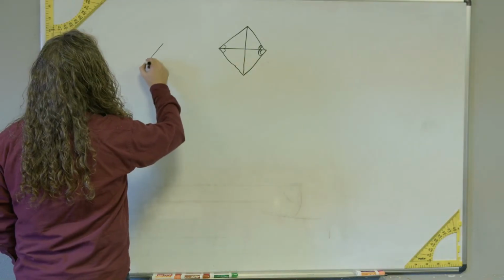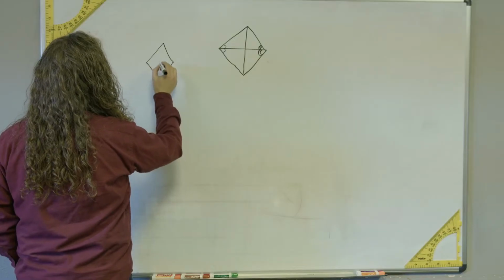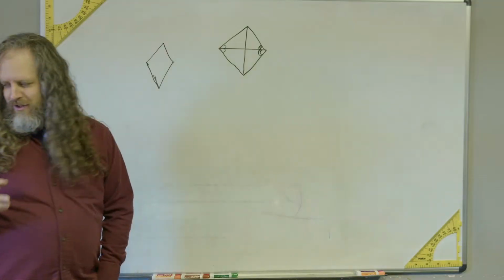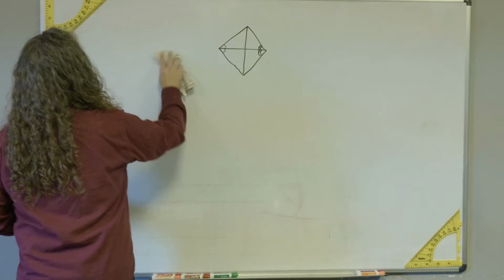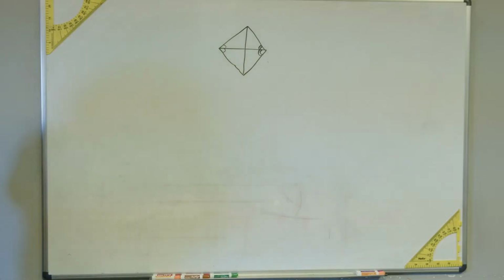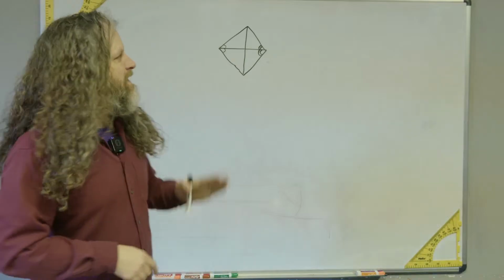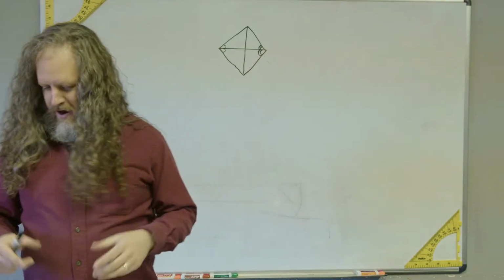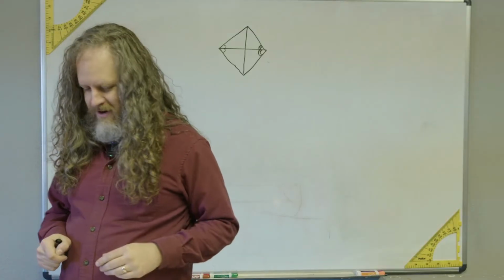Are we beefing with the book right now? Oh, but a kite isn't a parallelogram. There we go. We're not beefing with the book. I figured it out. My brain got confused. Almost had a stroke. If a parallelogram has a diagonal that bisects a pair of opposite angles, then we've got a rhombus, right?